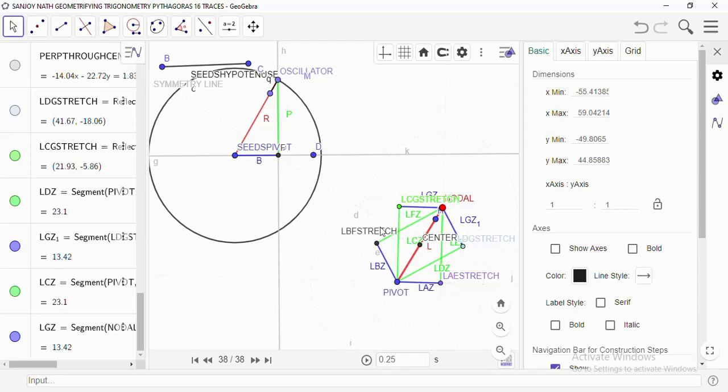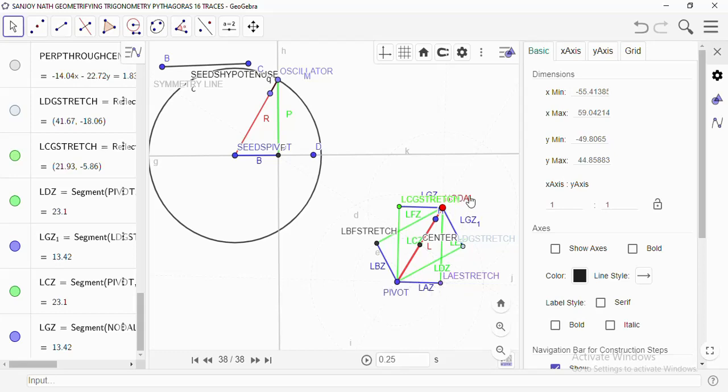In the geometrifying trigonometry simulator, we use this convention. The hypotenuse is in red color, base is in blue color, and perpendicular is in green color, such that we can identify things very easily. Pivot point is the point where hypotenuse and base are touching.